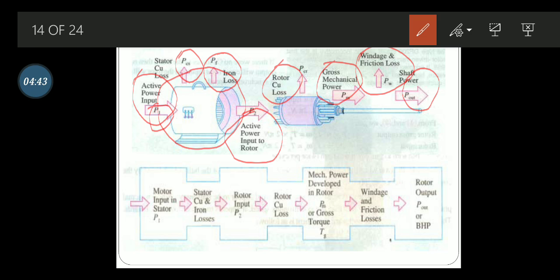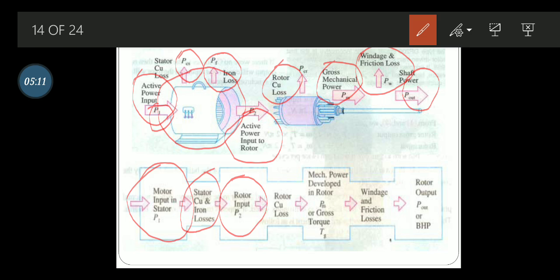Now we can represent it in block. So first block is the what? The motor input in the stator, that is P1. So due to this motor input you will get stator copper and iron losses. Then the stator output of the motor is the rotor input, so that is represented as P2.